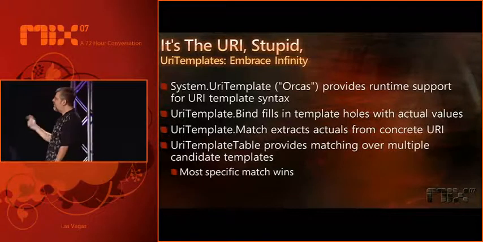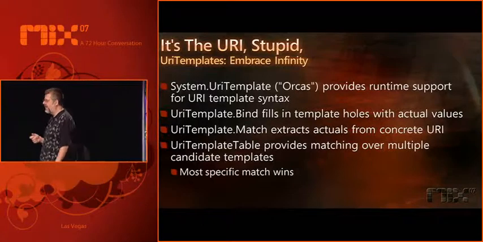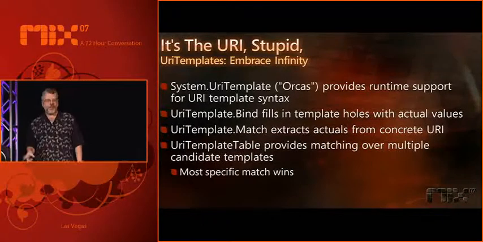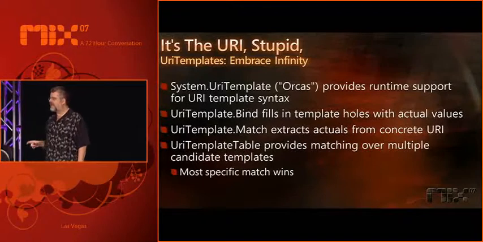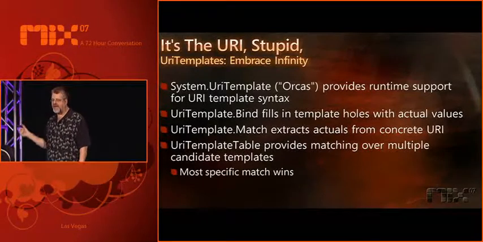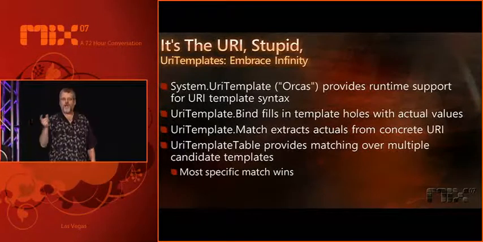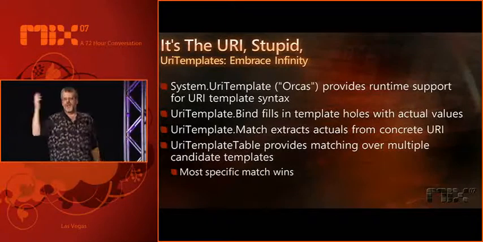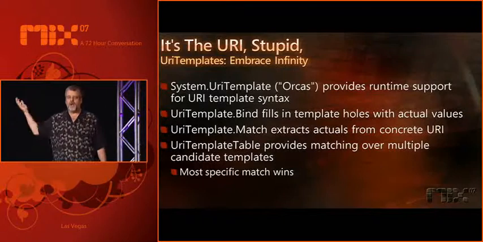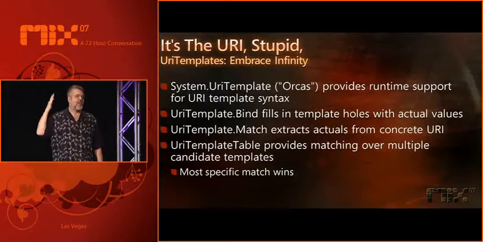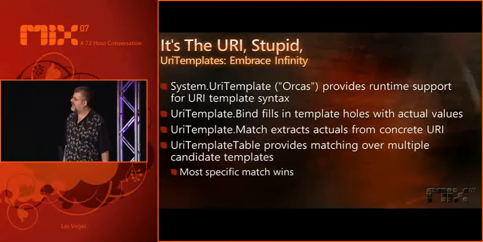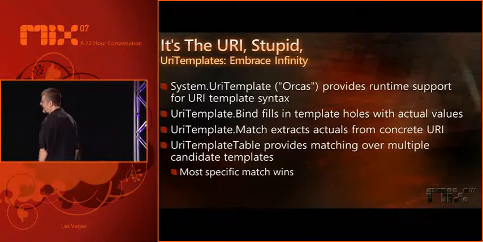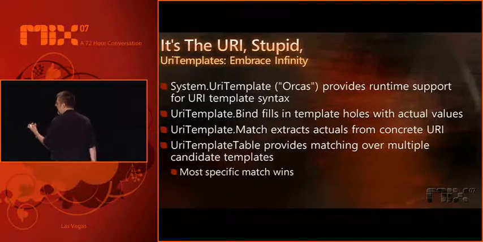You run a single URI candidate through it, and we figure out, based on some pretty obvious rules, which of the URI templates was the best match to the candidate URI. Then we call match on that and give you back the environment. We give you not just the environment, we give you a bunch of other information about how we parsed the URI, what things we matched, what wildcard paths were present, et cetera. All kinds of interesting details. Let's go ahead and take a look at an example.